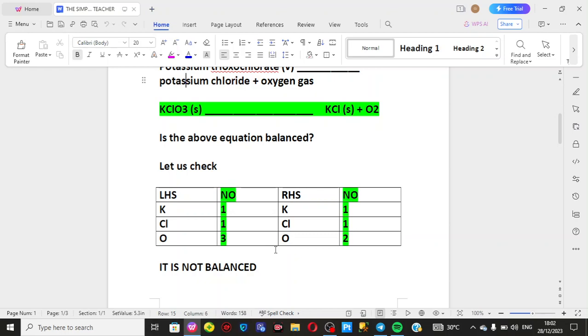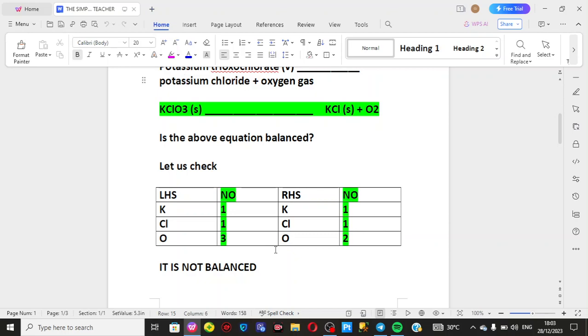Now, is the above equation balanced? Remember, our aim is to balance this equation, and in a situation whereby it is not balanced, we may not actually get what we are looking for. Now let's check. The LHS you are seeing there is the left hand side, and the RHS is the right hand side. So let's look at the left hand side.